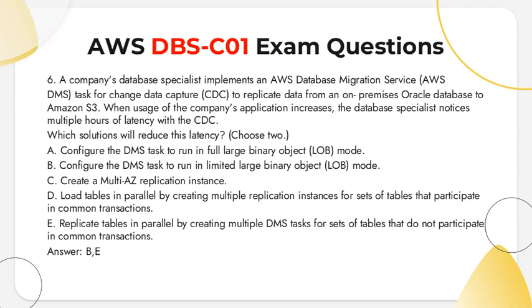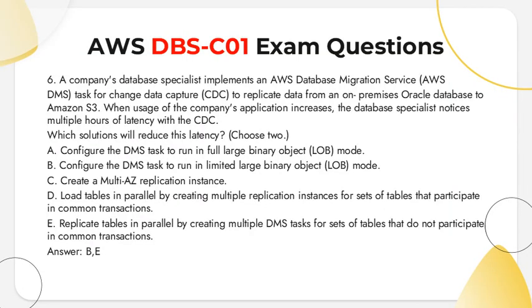Choose 2. A. Configure the DMS task to run in full large binary object (LOB) mode. B. Configure the DMS task to run in limited large binary object (LOB) mode. C. Create a Multi-AZ replication instance.